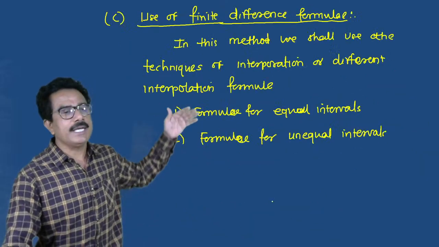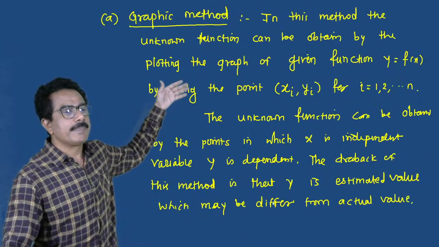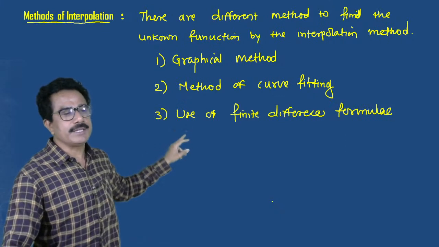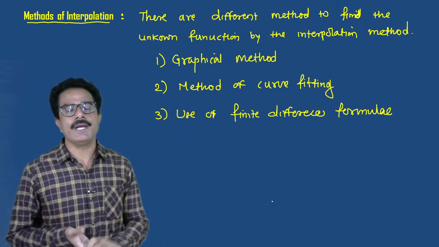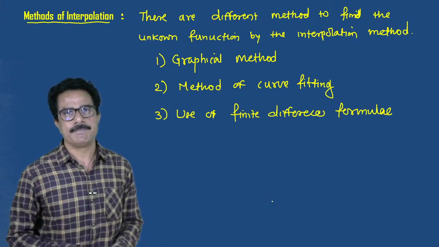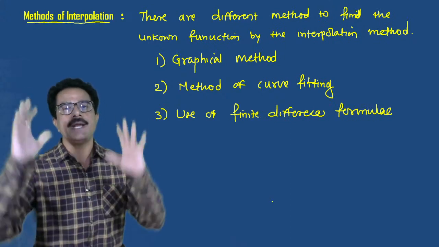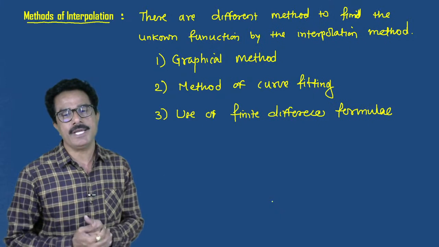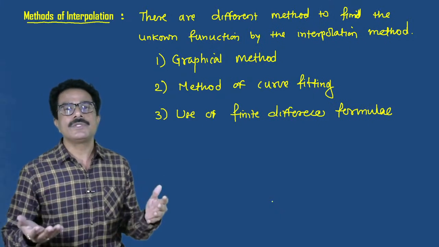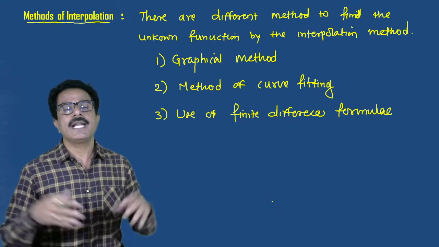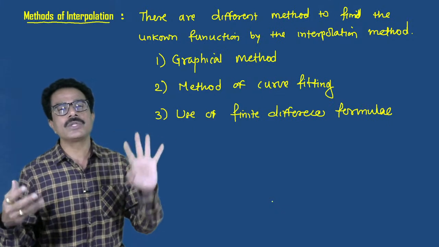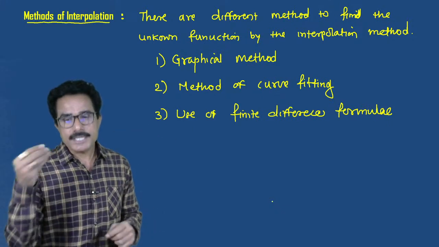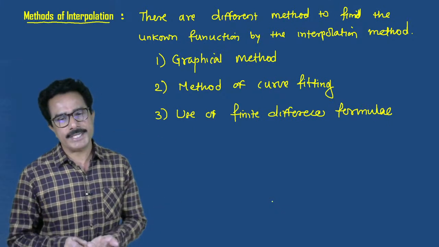Actually, out of these three methods, our aim is to find the unknown term by using the finite difference formula, and we have to see them one by one. There are nearly 4 to 5 interpolation formulae which we have to study.